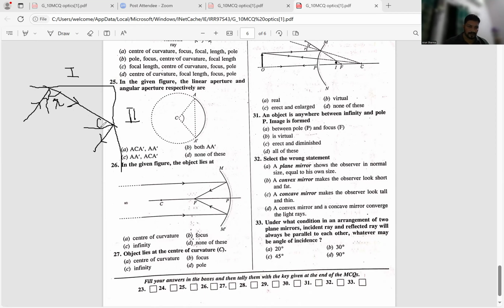This angle is I, this angle is R. So what about the answer? Incident ray and reflected ray will always be parallel to each other. You have read it so many times, in grade 10 and grade 12 also.